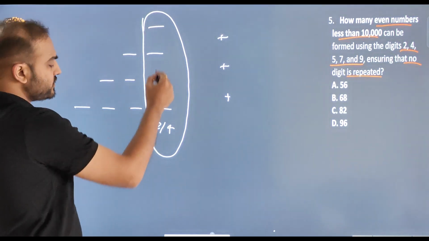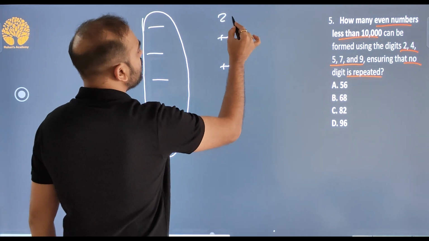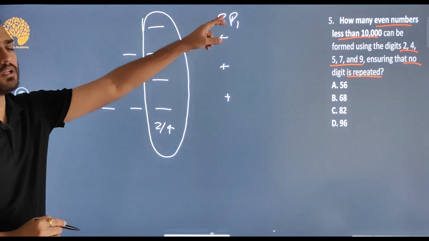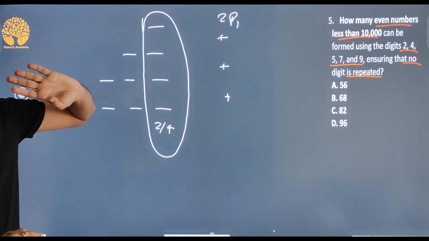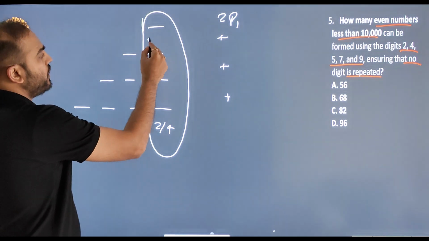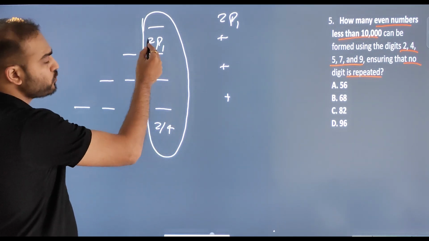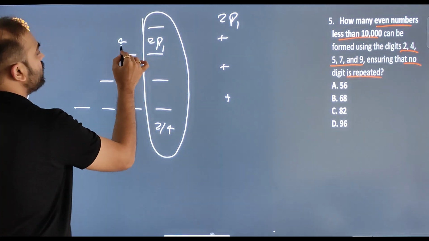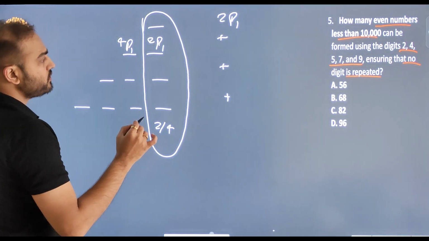Since I want a single digit and it has to be 2 or 4, that's 2P1. From these two, I will pick one and that will be my single digit even number. For 2 digits, again this will be 2P1 because out of 2 or 4, any one can come, and from the remaining 4, any one can come here.